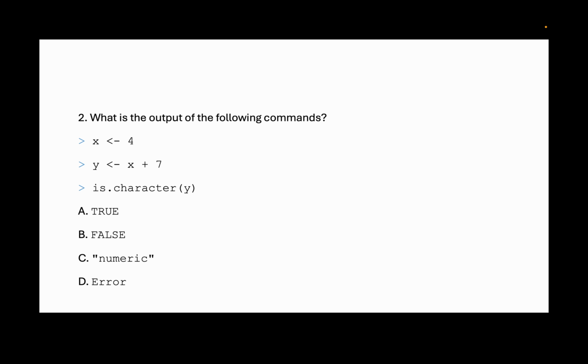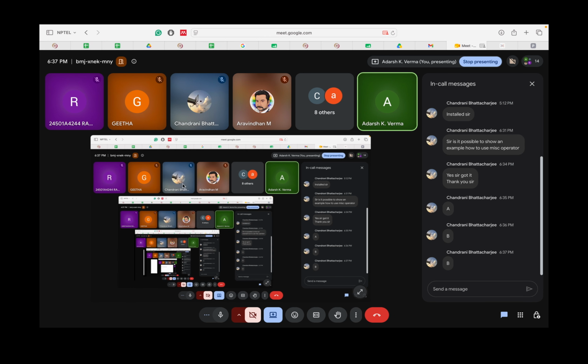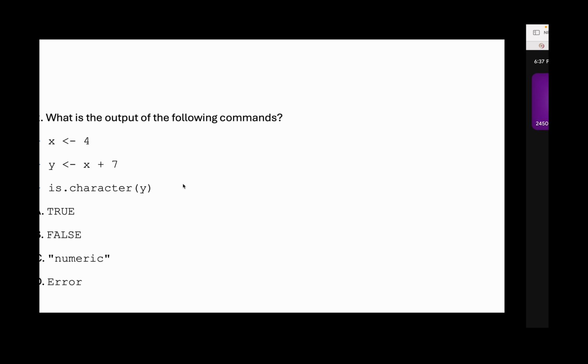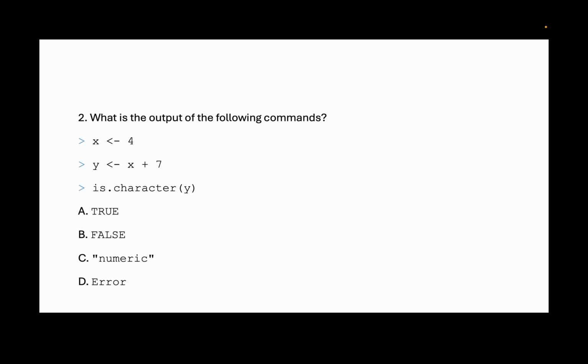What will be the output? Yes, it will return the answer as true or false, because you are asking a logical question, whether a particular condition is true or not, that is whether y is a character or not. So it will be a false answer, that is B.